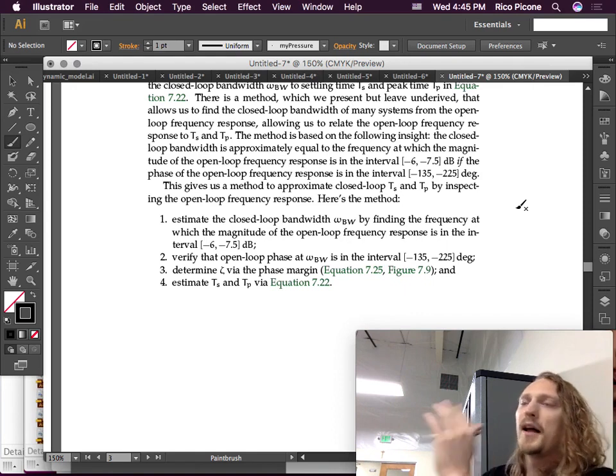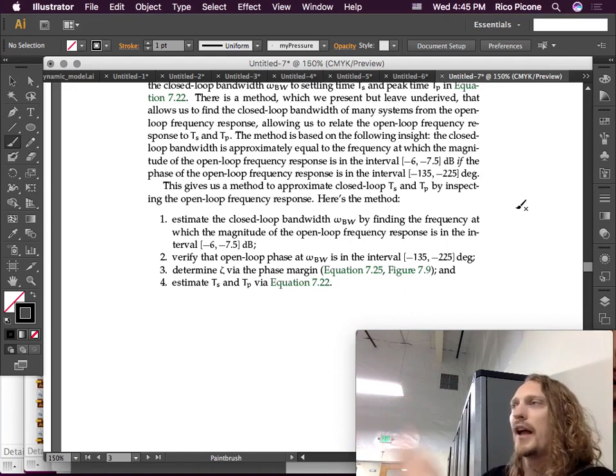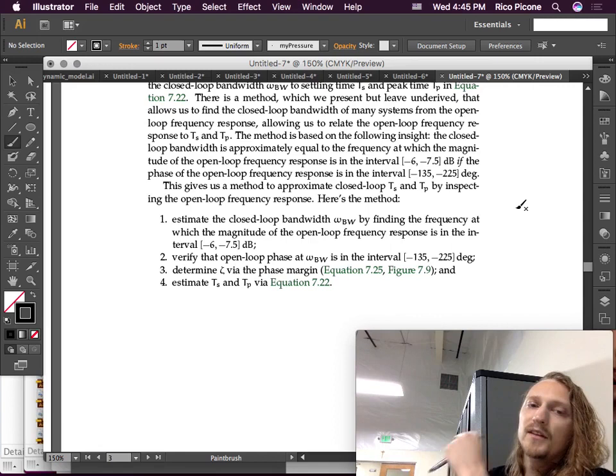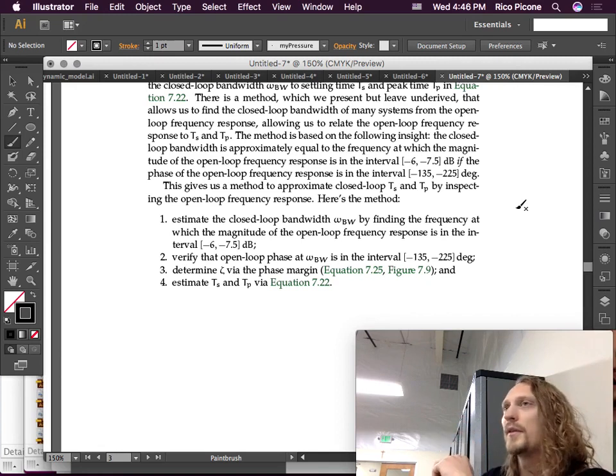This doesn't really apply if this isn't the case, so you have to check to make sure that's the case. Step 3, determine zeta via the phase margin, so use that equation or that figure. And finally, estimate TS and TP via equation 7.22. So that's the algorithm.